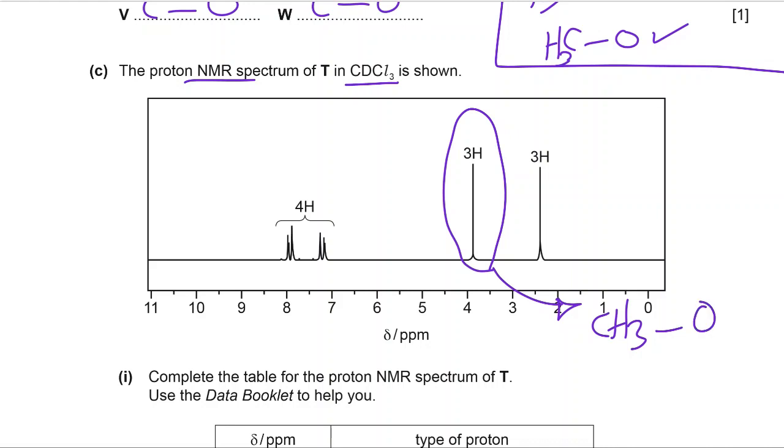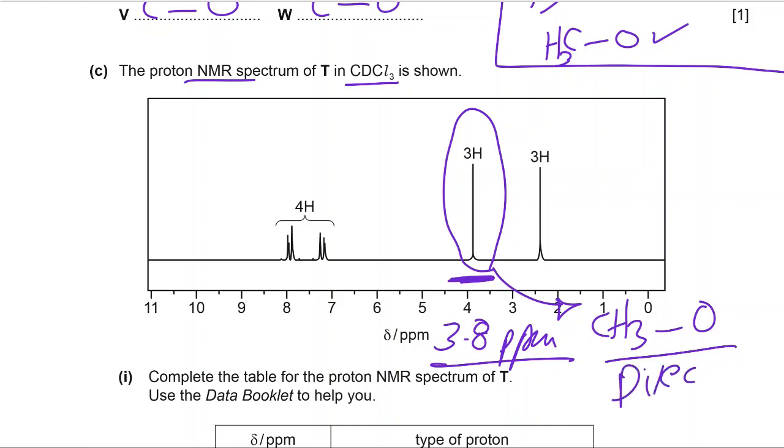From the parts per million, this range, which is 3.8 ppm, we can see from the data booklet that this group, a carbon holding 3 hydrogens bonded directly to oxygen, is present.